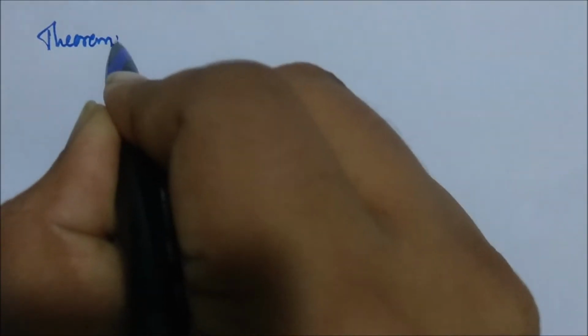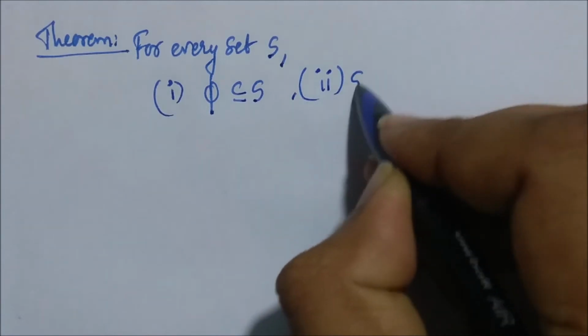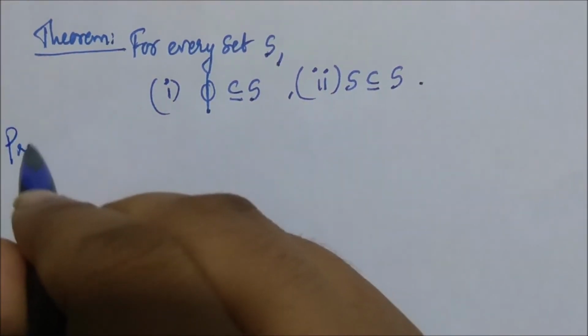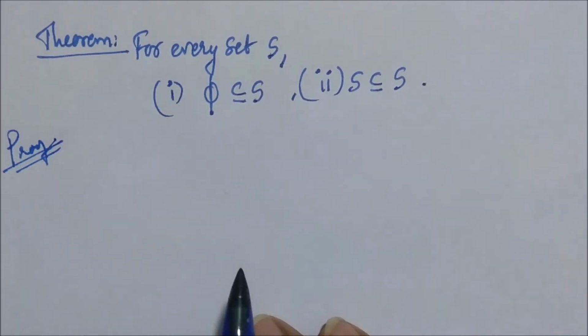Alright, let's prove a theorem. For every set S, we want to prove that phi is a subset of S and S is a subset of S. We have already seen that an empty set and the entire set are always two subsets of that set, but we have to prove it. How can we call a set A a subset of B?